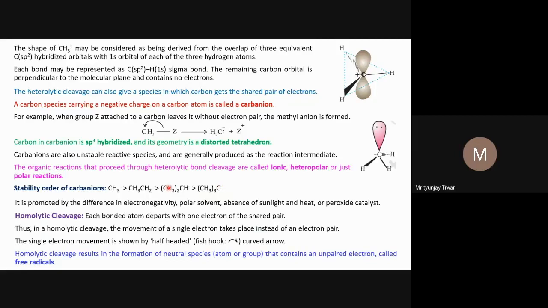Please remember this. So a carbanion becomes destabilized when we add methyl groups to the carbon center having a negative charge, and carbocations get stabilized.